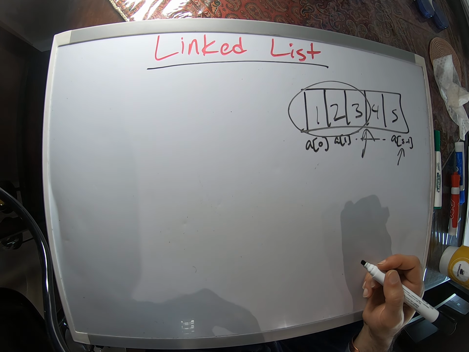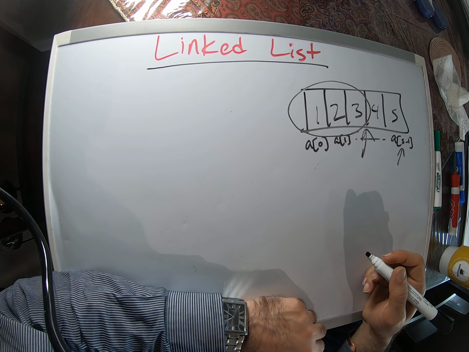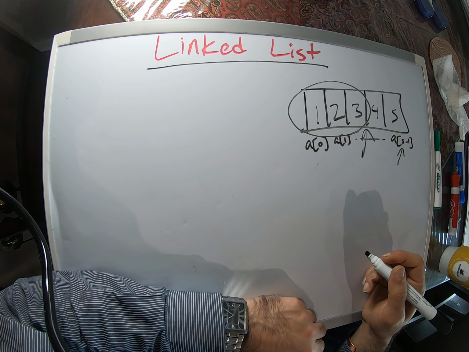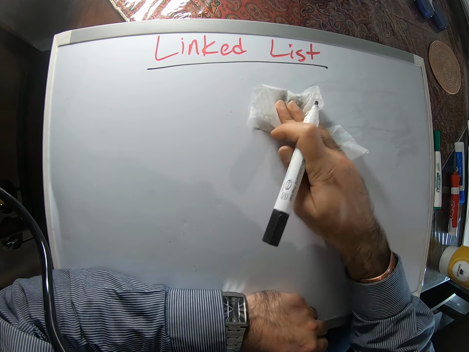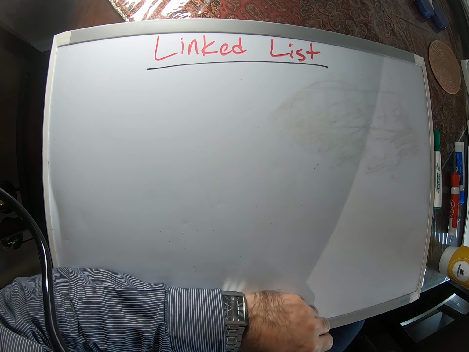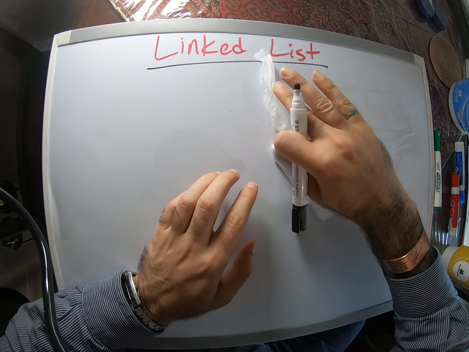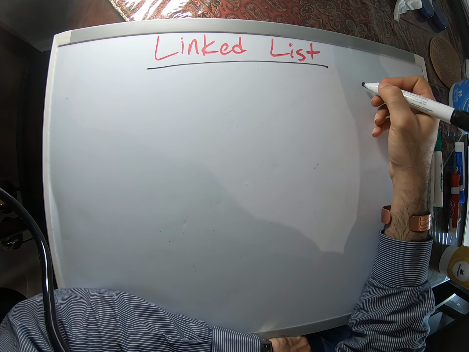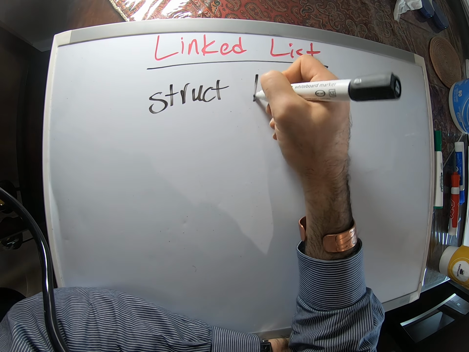So for applications where you need to insert or delete elements from your data structure very frequently, a better solution is linked list, right? So we can use linked list. A linked list is basically a dynamic data structure that we can define using either a struct or class.